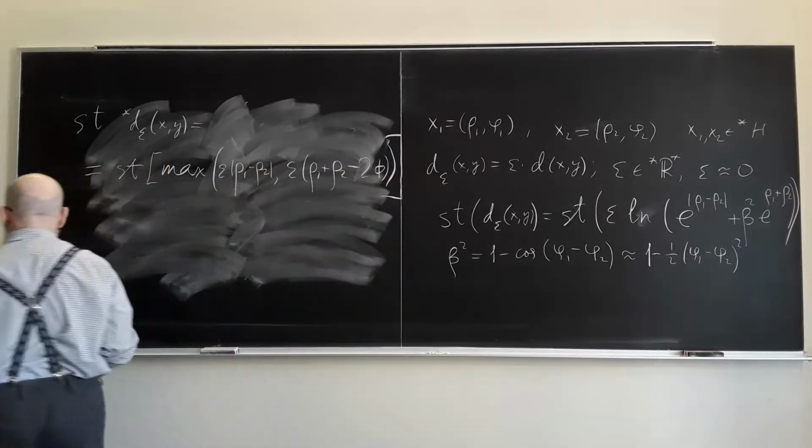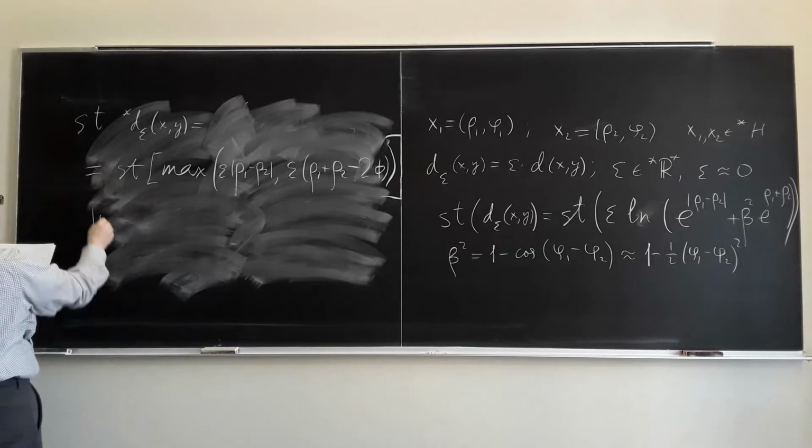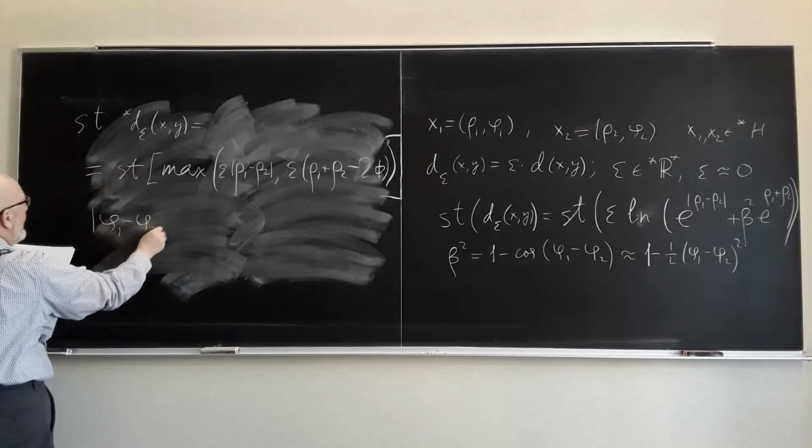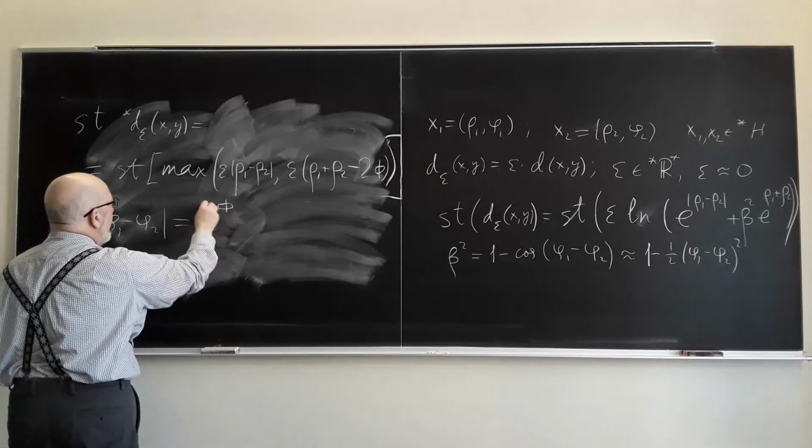So what is phi? Capital phi, phi1 minus phi2, is denoted by e to the power minus phi.